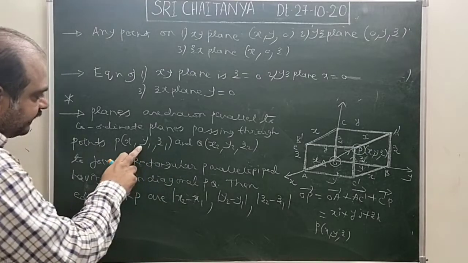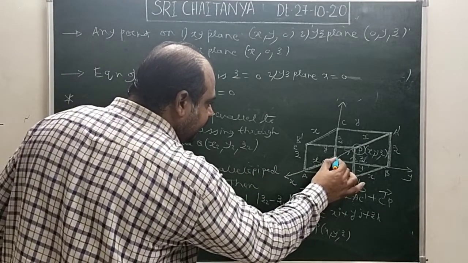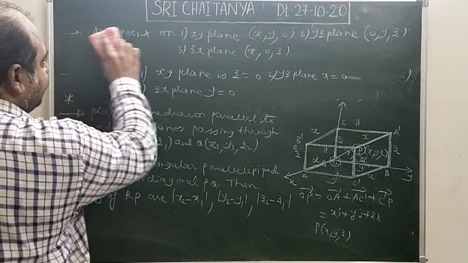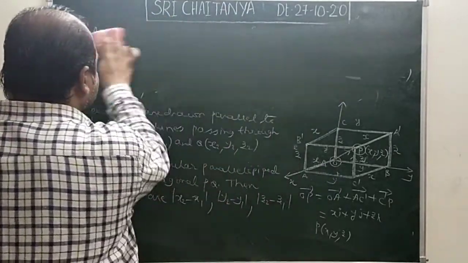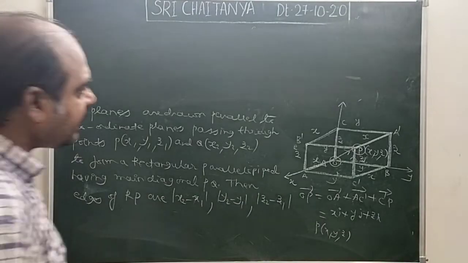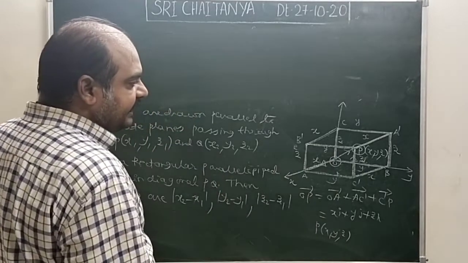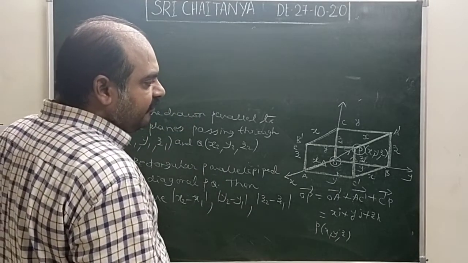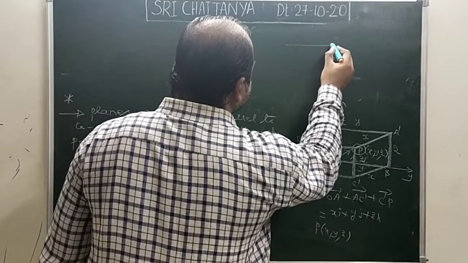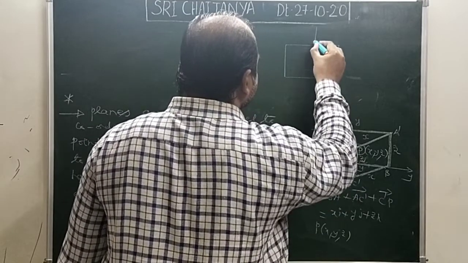Now here there is a parallelepiped similar to that. That parallelepiped is passing through P and Q. Instead of the origin, what will be there? P. Instead of P, what will be there? Q. I am drawing a similar parallelepiped, which will pass through P and Q and will be parallel to the coordinate planes. Earlier the faces were coordinate planes. Now the rectangular parallelepiped I am drawing will have faces parallel to the coordinate planes, not the coordinate planes. Look at, I am drawing the diagram. Observe carefully. This is one rectangle.